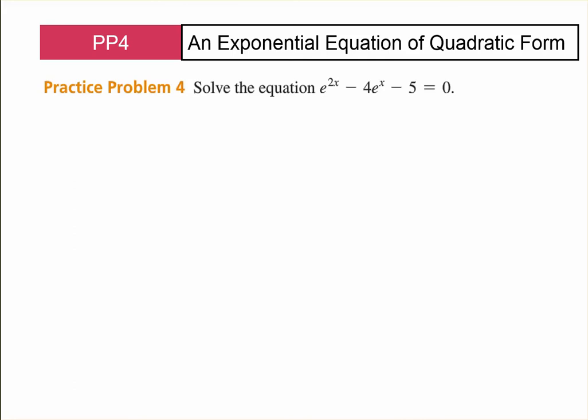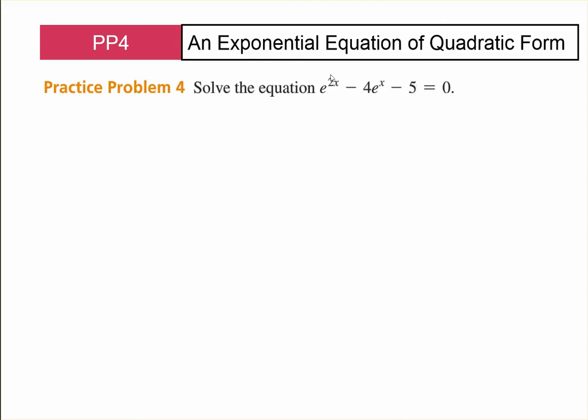One little thing we should mention: notice it looks a little bit like a quadratic equation. Notice you have this 2x over here, then you have the x, and then you have nothing. So e to the 2x, e to the x, and then a constant term.